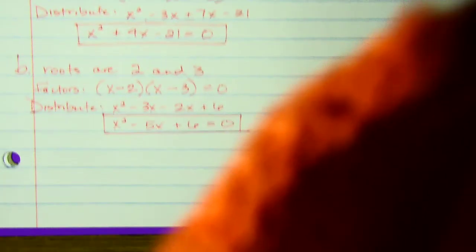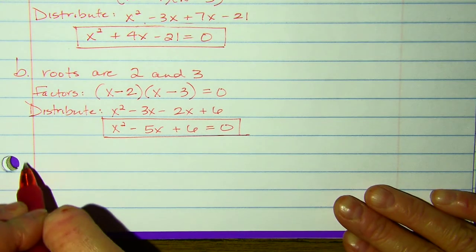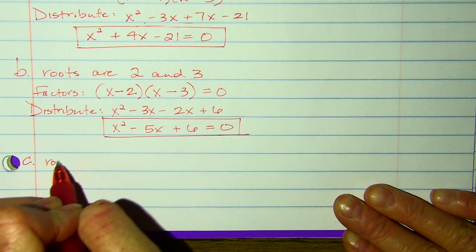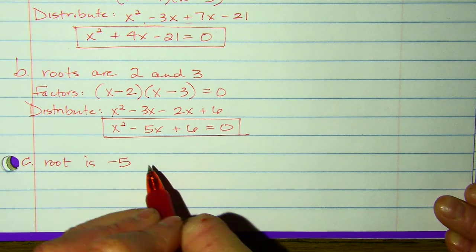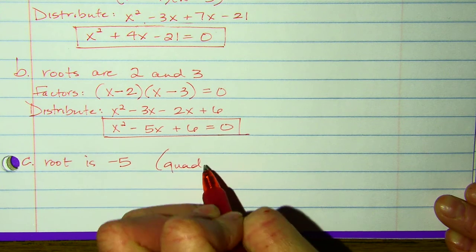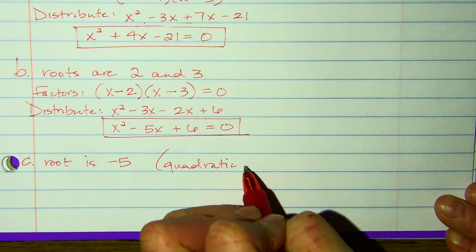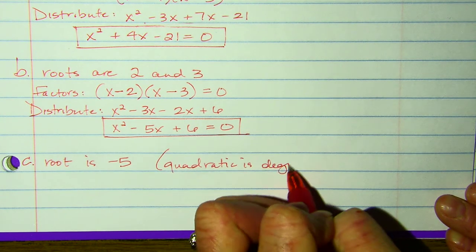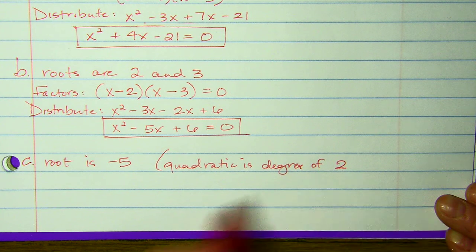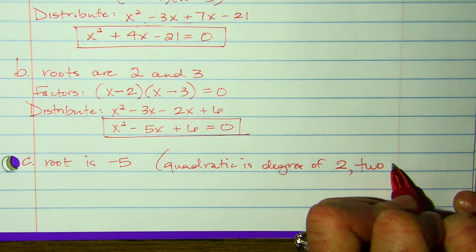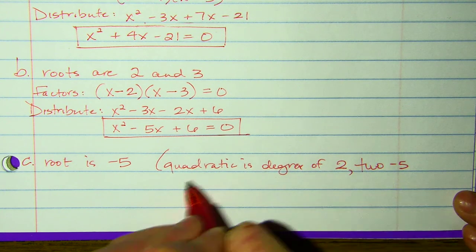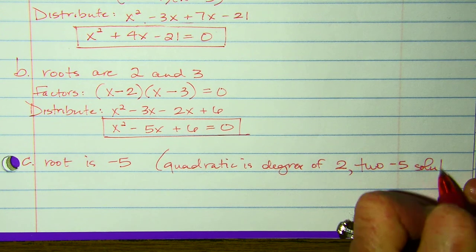All right, moving on. Part C says the root is negative 5. Now, because this is a quadratic, a degree of 2, and they've only listed one root, I should have 2 solutions.